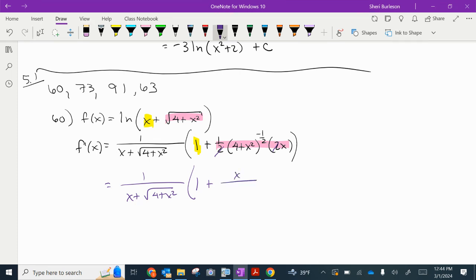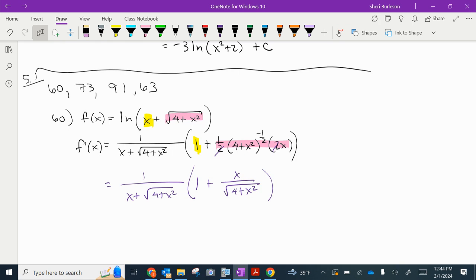I end up with x over the square root of 4 plus x squared, which I think is the way I might have written the answer on the answer page. You have that simplified further on the answer page. I just copied the answer out of the book.